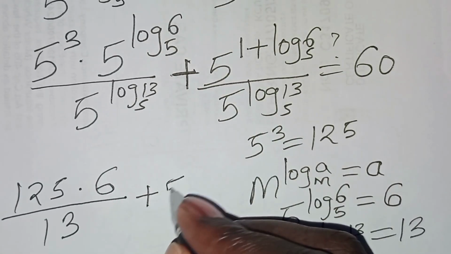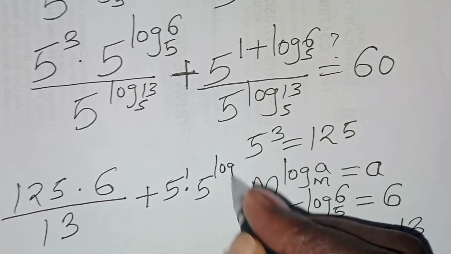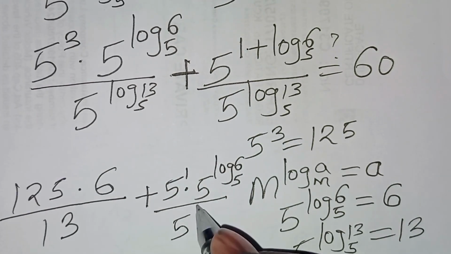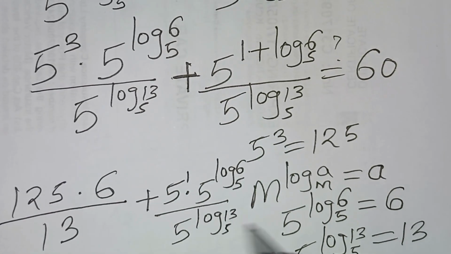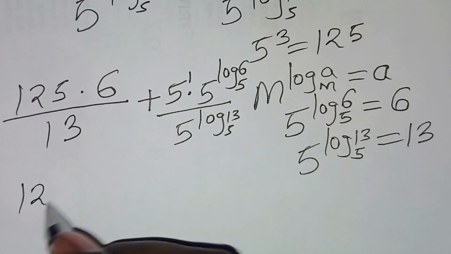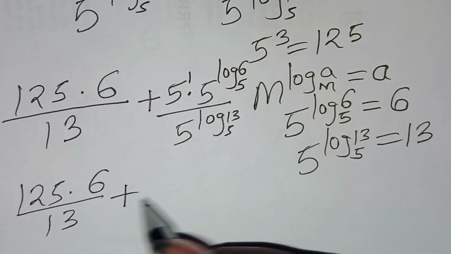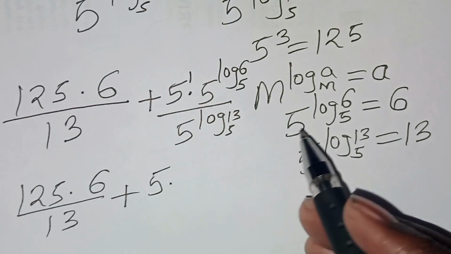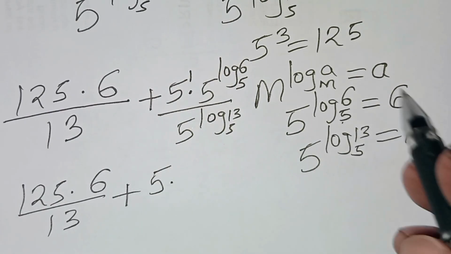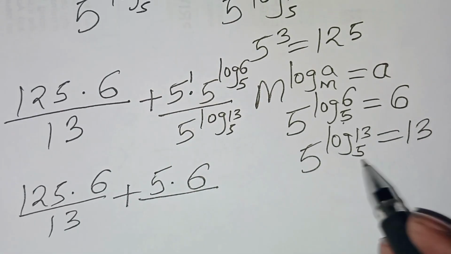This is 5 to power 1 multiplied by 5 to power log 6 to base 5 divided by 5 to power log 13 to base 5. Again, here we have 125 multiplied by 6 divided by 13, plus 5 multiplied by 5 to power log 6 to base 5, which is 6, divided by 5 to power log 13 to base 5, which is equal to 13.